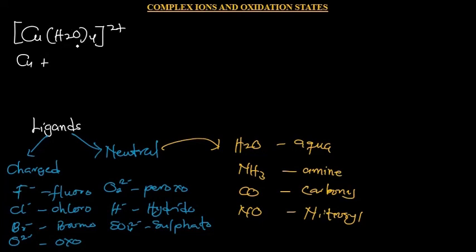We know that water is neutral, so 4 times 0 gives a net charge of 0, which is equal to the charge on the complex, plus 2. So copper has an oxidation state of plus 2.